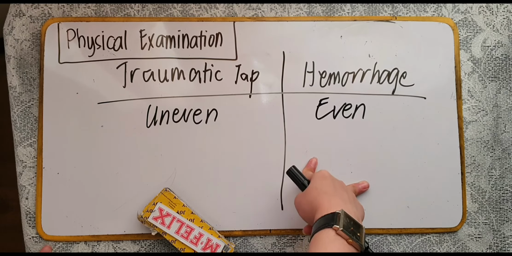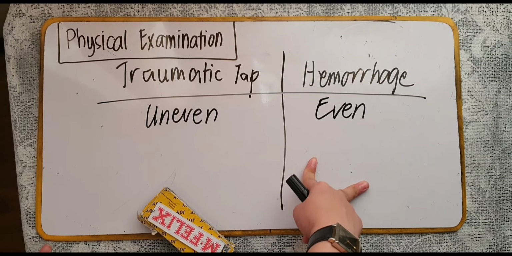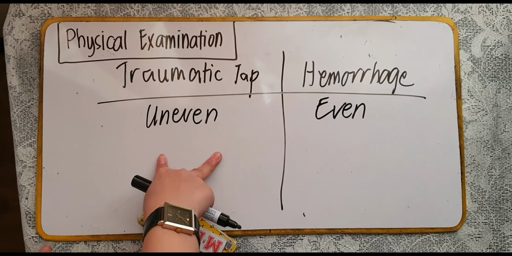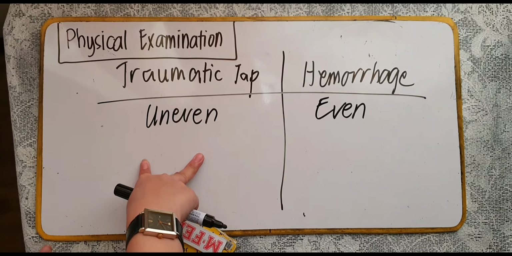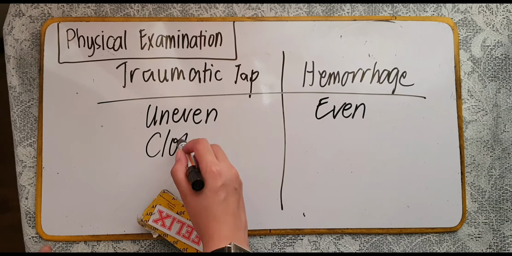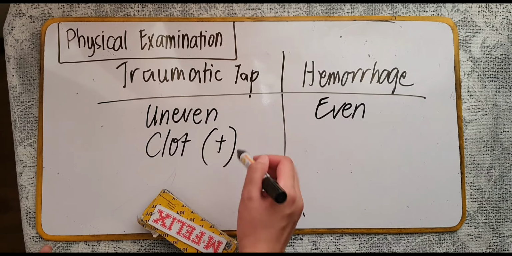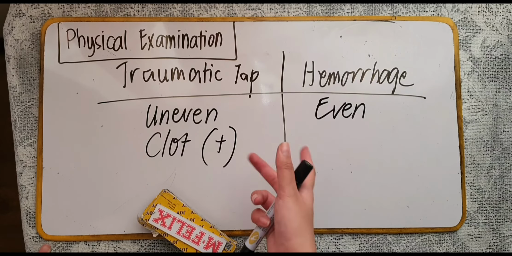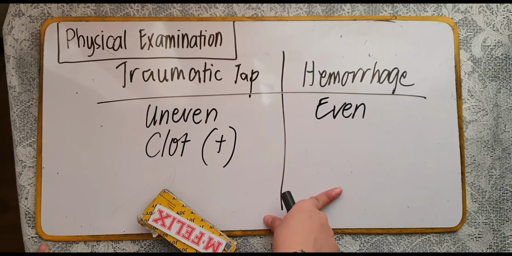Okay? Now, in terms of clot formation or the presence of clot, a traumatic tap sample, okay, or rather a bloody sample due to traumatic tap, merong clot na mamumuo dyan. Okay? Positive for clot formation. Kasi bakit class? Okay? A traumatic tap sample, magkakaroon ng clot formation yan due to the action of fibrinogen.